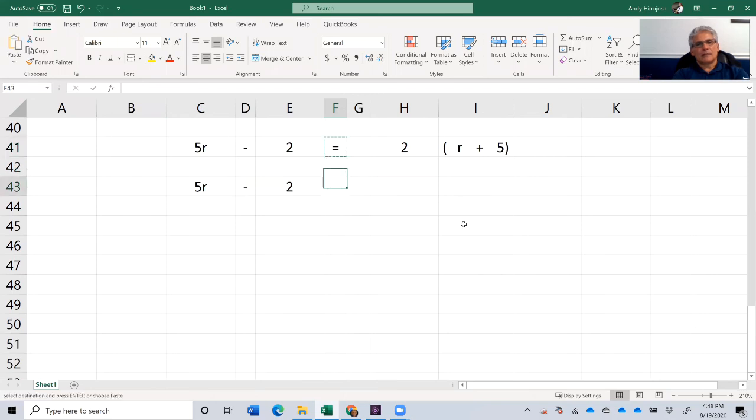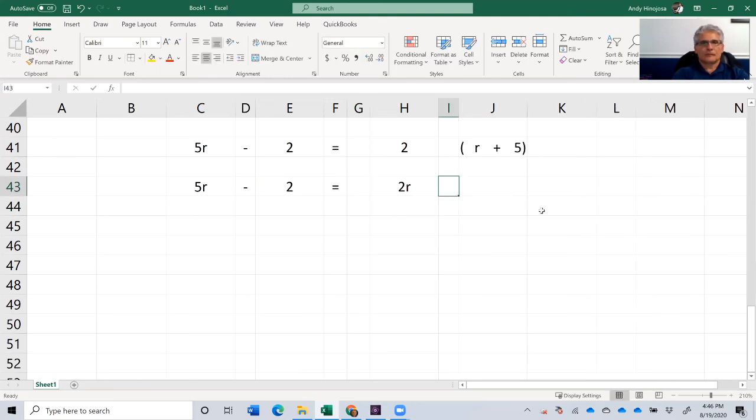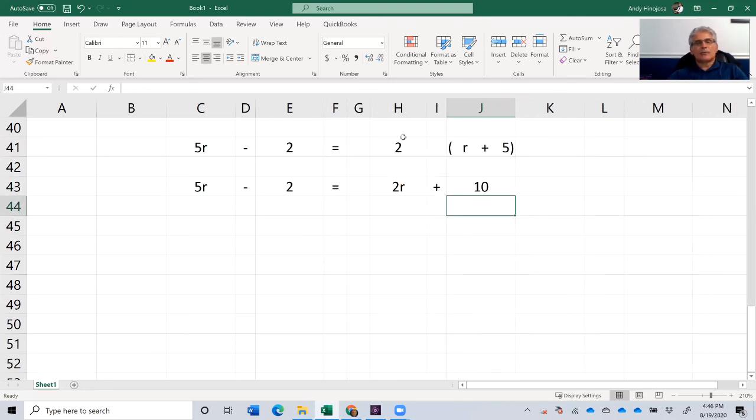And then using distributive property, 5r minus 2 will equal 2r plus 10. Now remember, to get to 2r plus 10, we simply took the 2 multiplied by the r, which gave us 2r. We carried the plus sign down, and then 2 times 5 equals 10. Okay.